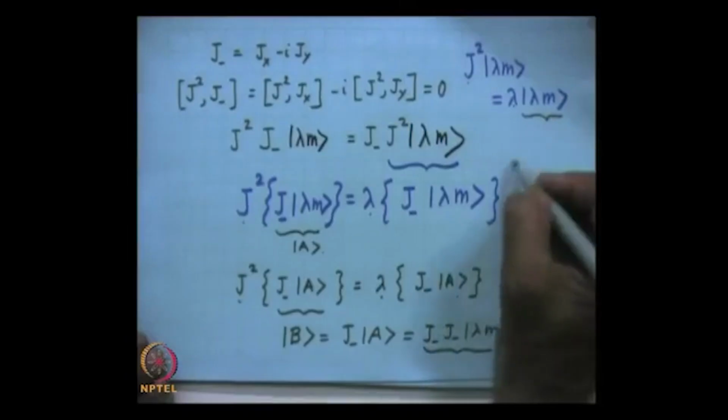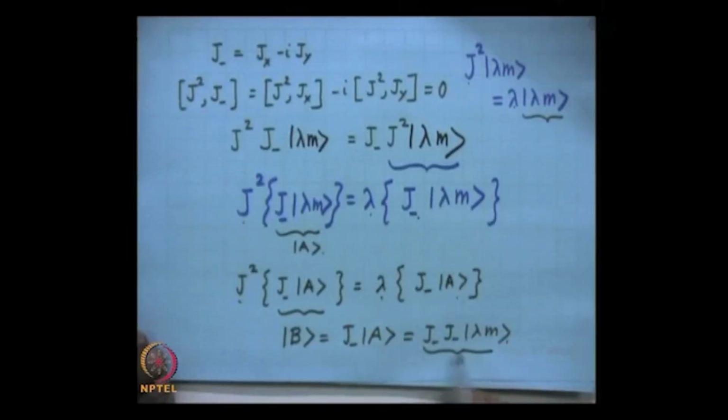And so, therefore, once again we must expect degeneracies, and this is an eigenket, this is an eigenket, and this is also an eigenket.